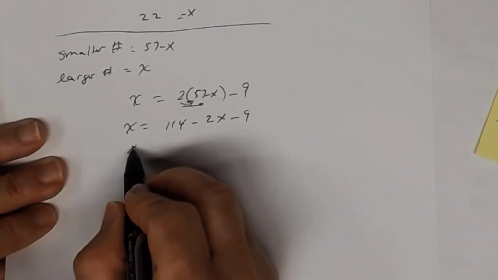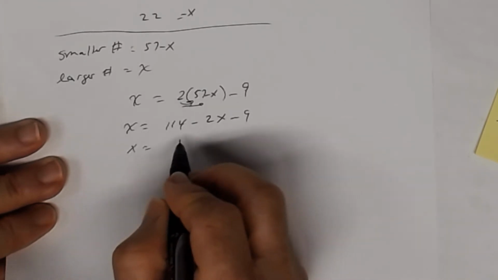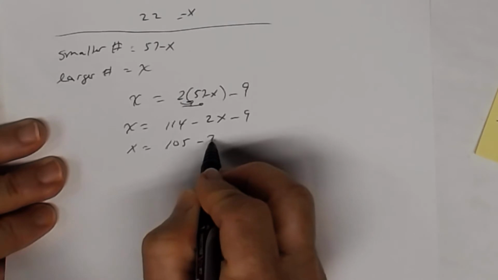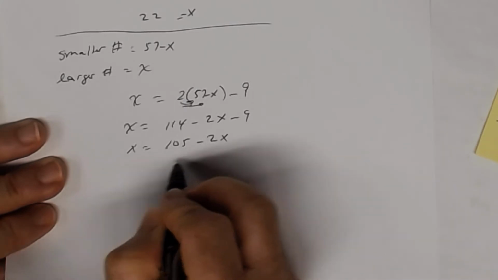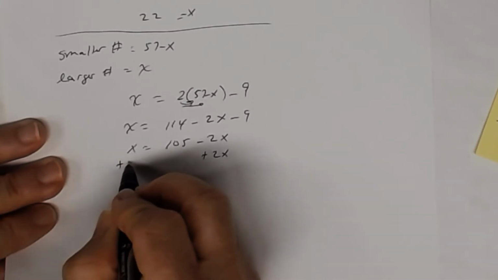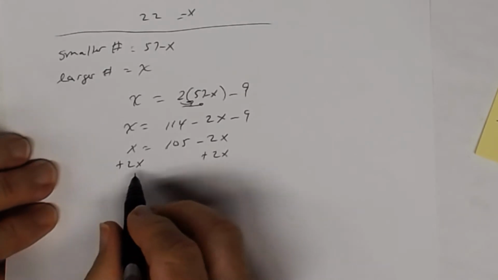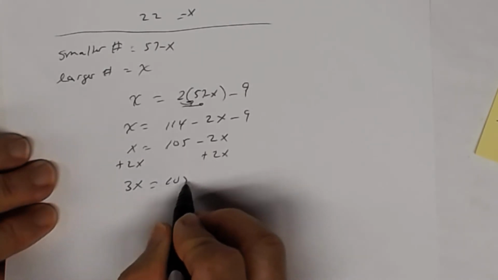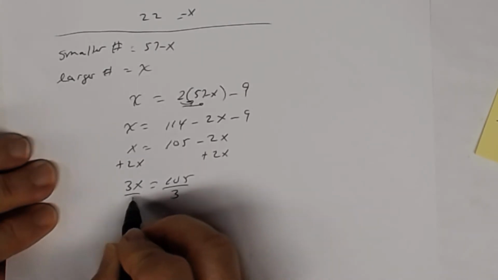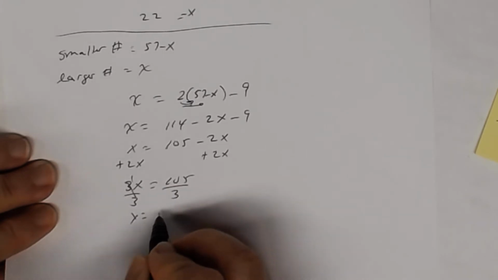Combining like terms, you get x equals 114 minus 9 is 105 minus 2x. Adding 2x to both sides, I get x plus 2x is 3x equals 105. Dividing both sides by 3, I get x to be 35.